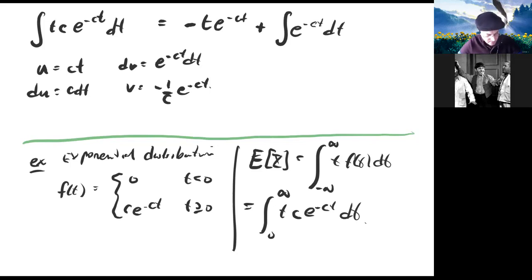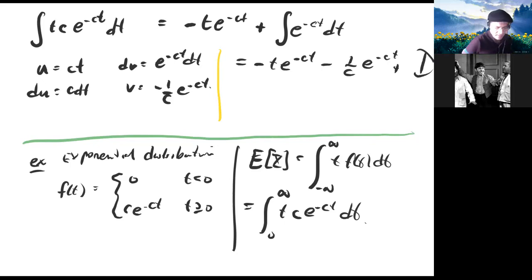That gives us a value of, the first term is again minus t e to the minus ct. And then lastly, we get minus 1 over c e to the minus ct plus some other constant, let's call it d, because we already used c up.